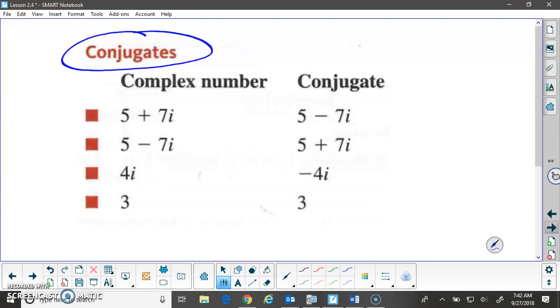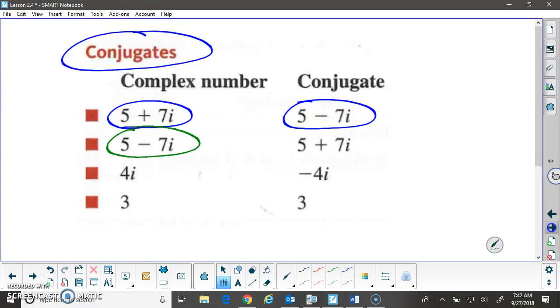Okay, so last thing I want to talk about is conjugates. You guys have heard me use this word lots of times before. But a conjugate related to complex numbers, you can see if we've got 5 plus 7i, then its conjugate would be 5 minus 7i. So the first term is always the same. It's the second term that is the opposite. So you can see some additional examples here. 5 minus 7i, its conjugate would be 5 plus 7i.